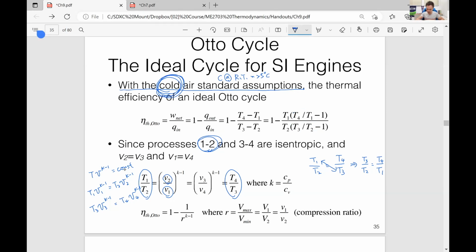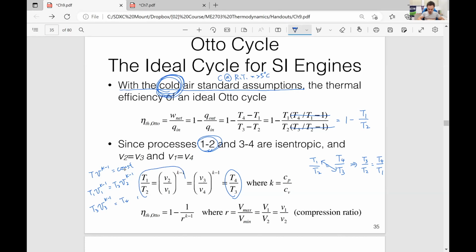That means these two are the same, so we can cancel them. Okay. So the efficiency becomes 1 minus T1 over T2.